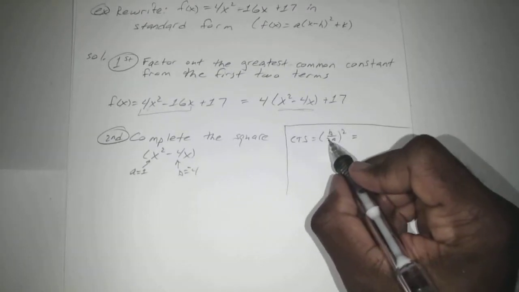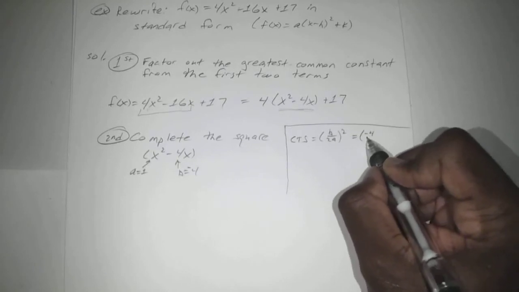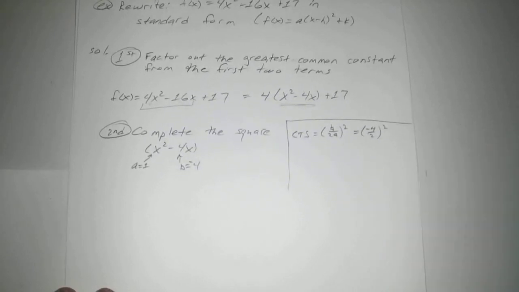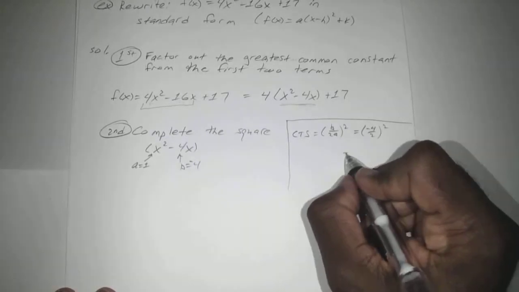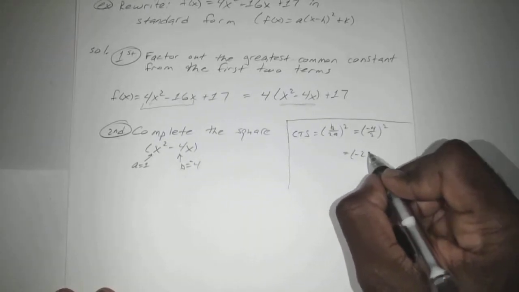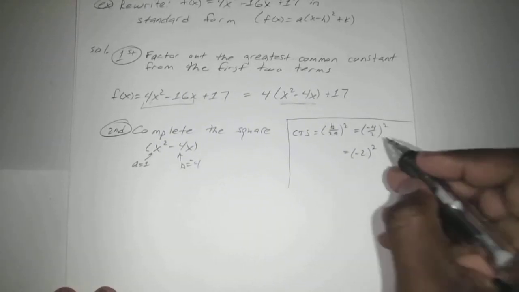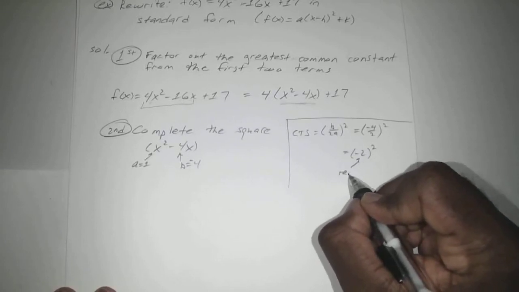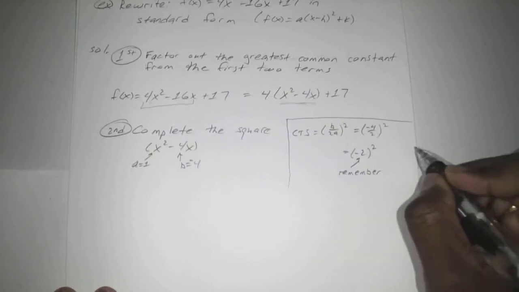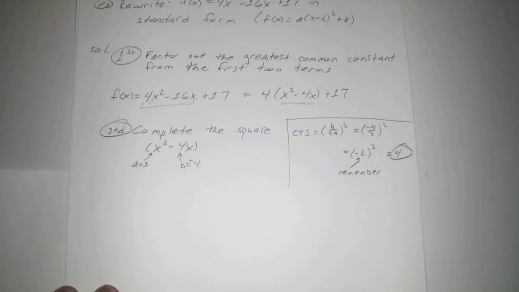Okay, so that's negative 4 divided by 2 times 1, so that's negative 4 divided by 2, squared. Okay, so remember that's just negative 2 squared. You want to remember that value, which is 4.